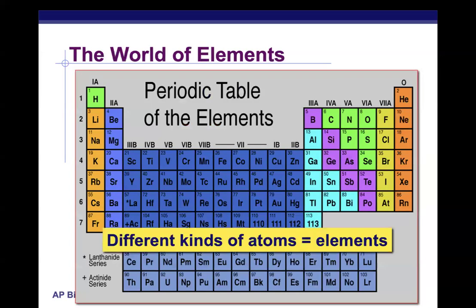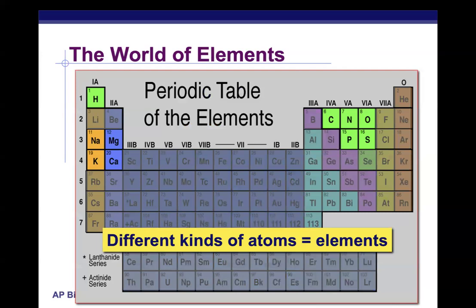So here's a periodic table that has all of the different elements, all of the different types of atoms. Now, in general, these ones that have just been highlighted here: hydrogen, sodium, magnesium, potassium, calcium, carbon, nitrogen, oxygen, phosphorus, sulfur.